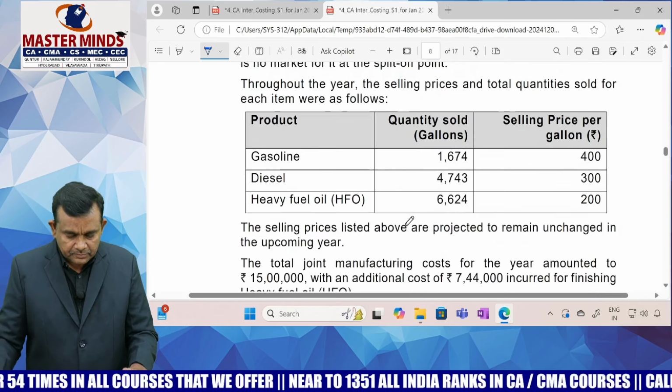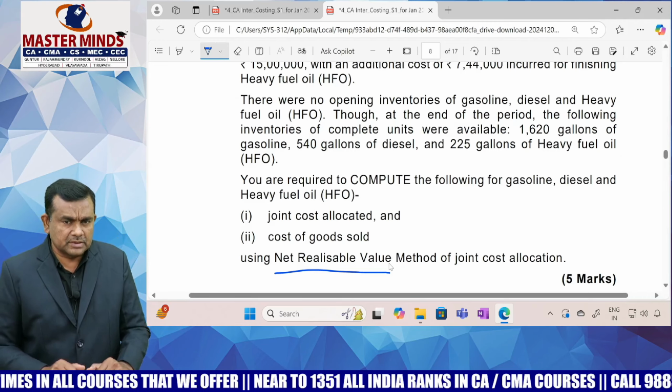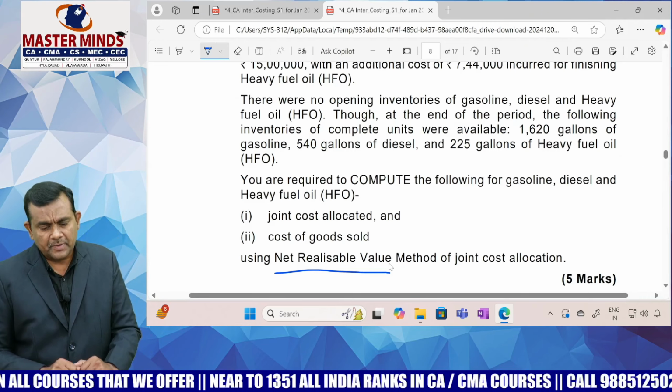Here there is no information about selling expenses, no need to write. Minus further processing cost, we will get the net realizable value. First of all, we have to calculate the net realizable value of each product. Then apportionment of joint costs over the joint products.